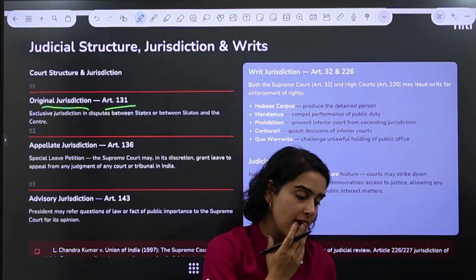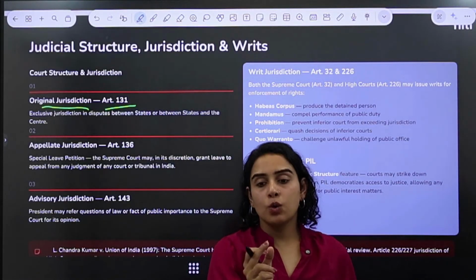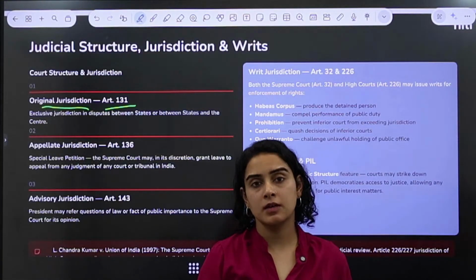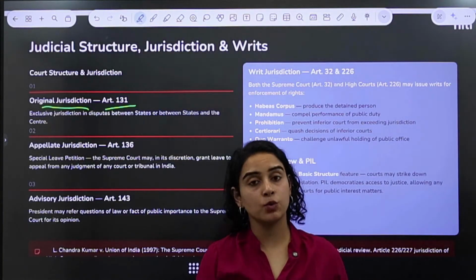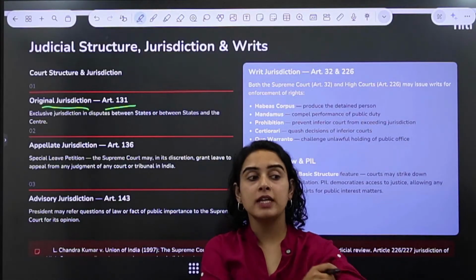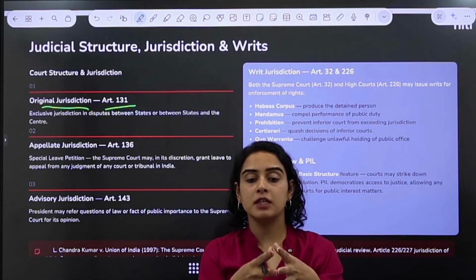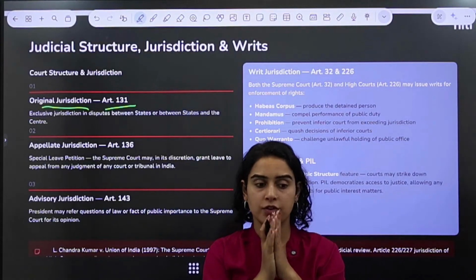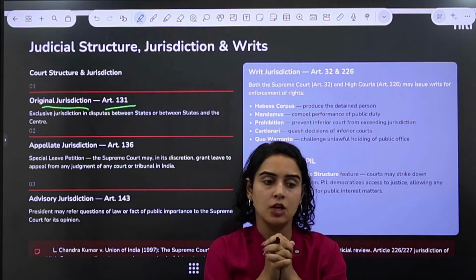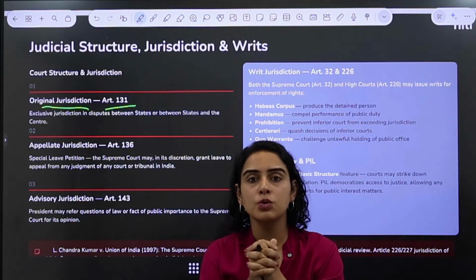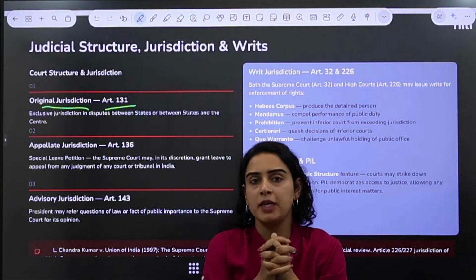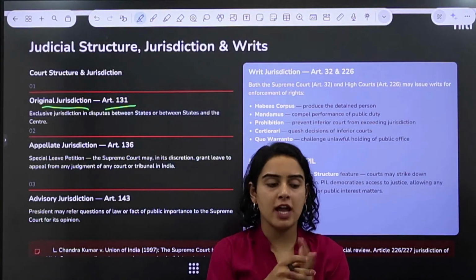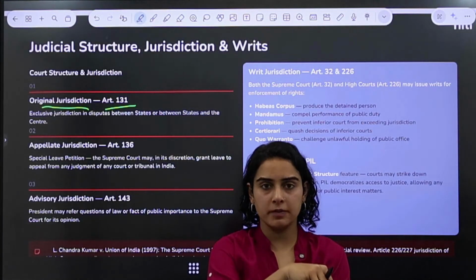It means that any court where the dispute will be first heard, right, will have the original jurisdiction. Now, let's say a dispute has happened in the city of Chandigarh. So, I am not going to go straight away to Punjab and Haryana High Court. Why? Because first of all, I have to go to the District Court of Chandigarh.